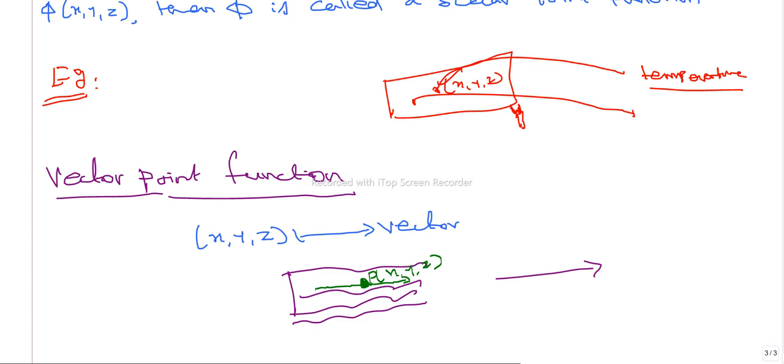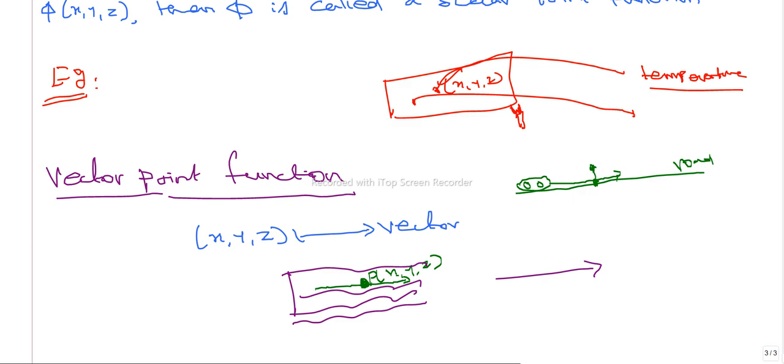Otherwise, suppose a vehicle is moving on a road. The velocity may be different at different points, because it is very difficult to travel at the same speed. Sometimes the speed is very slow, or the speed is high. So I pick this point, and at that point we check how much speed the vehicle is traveling.